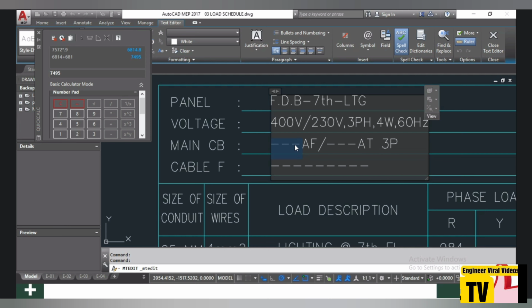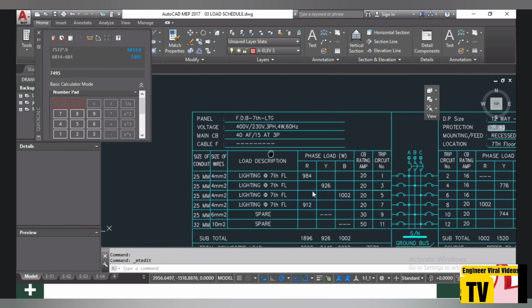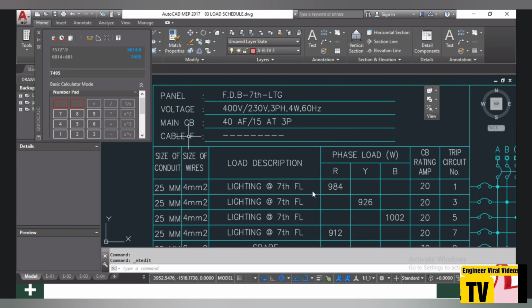I will type here ampere frame 40, but I can control it with the ampere trip, I will put it at 50 for example. And in the next chapter we'll discuss how to calculate the cable size.